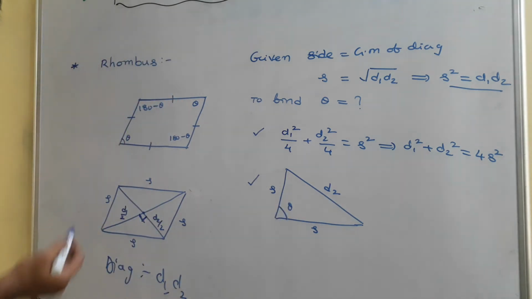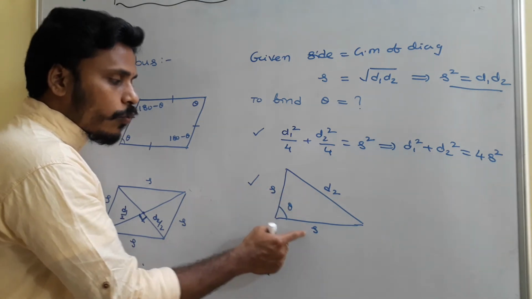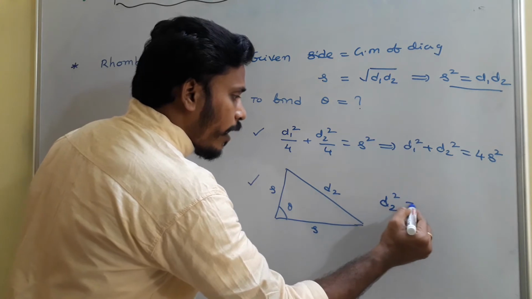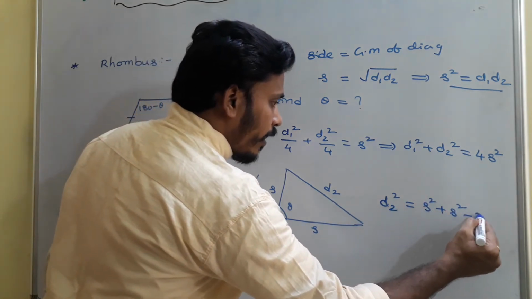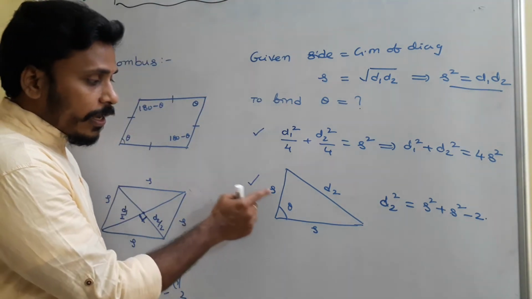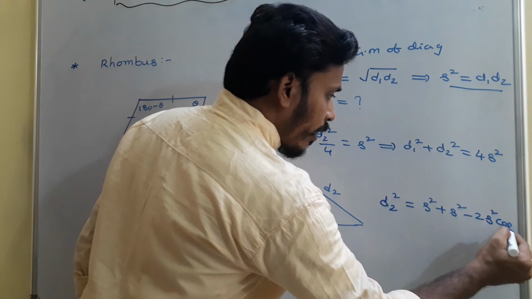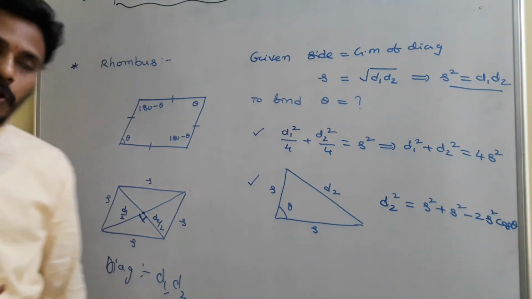Applying the cosine rule, d2 square equals s square plus s square minus 2 ab cos theta, which is nothing but 2s square cos theta. So that is the cosine rule for this particular triangle.